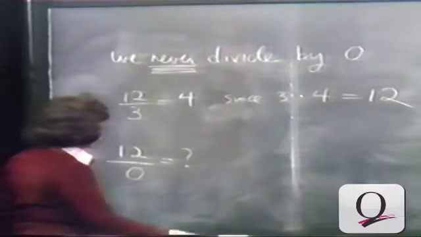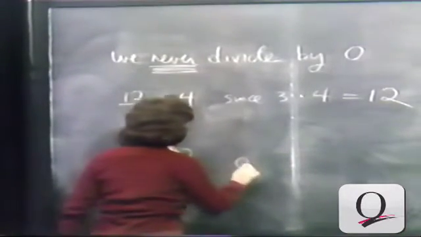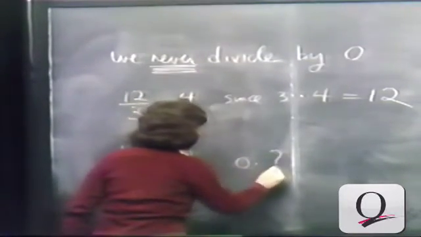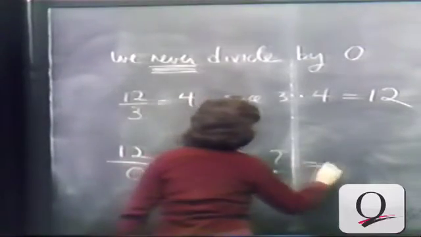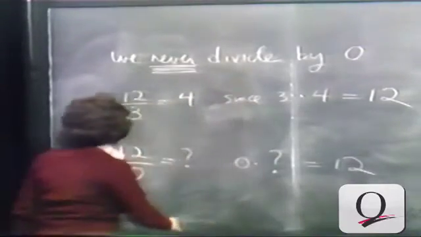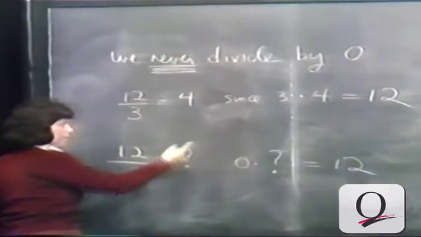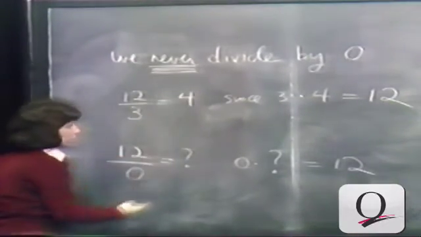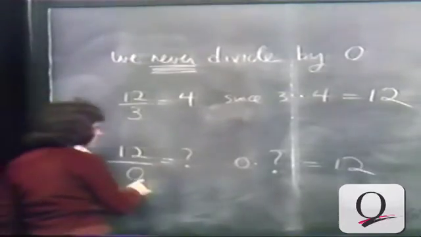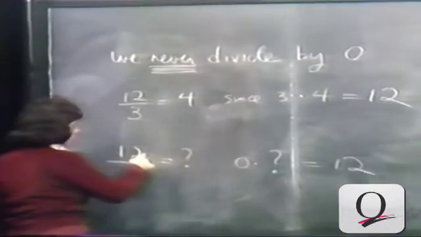And it would have to be true that 0 times this something would be equal to 12. In other words, if 12 divided by 0 had an answer, then in order for this to make sense in terms of multiplication, 0 times that answer must be 12.